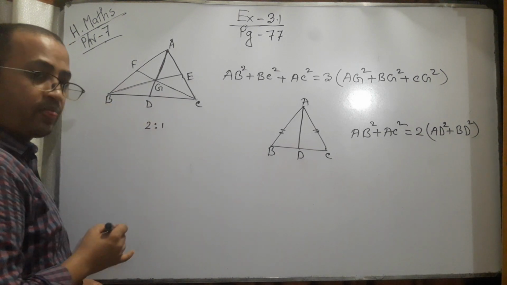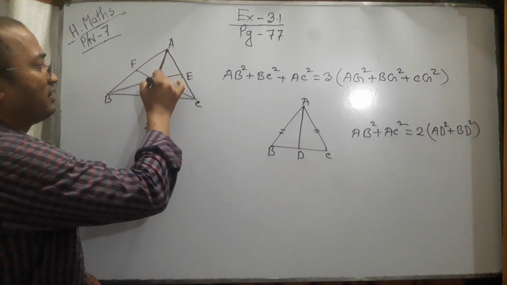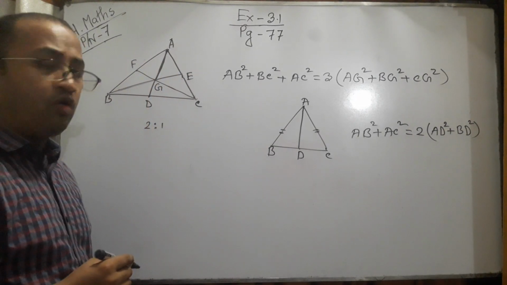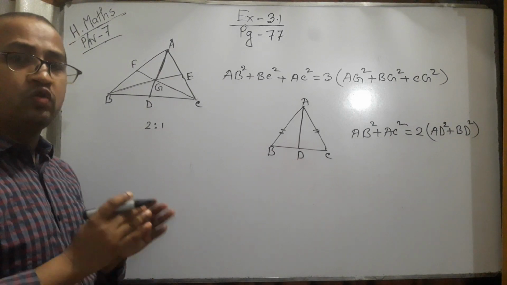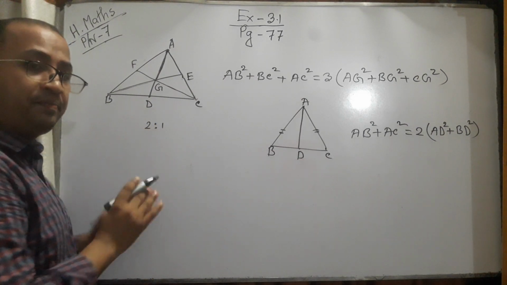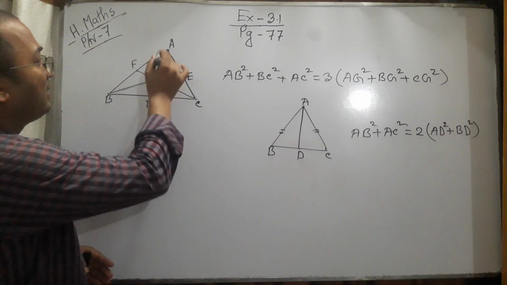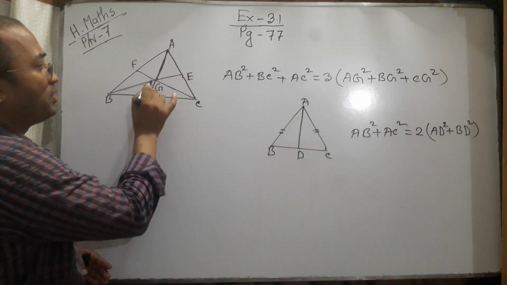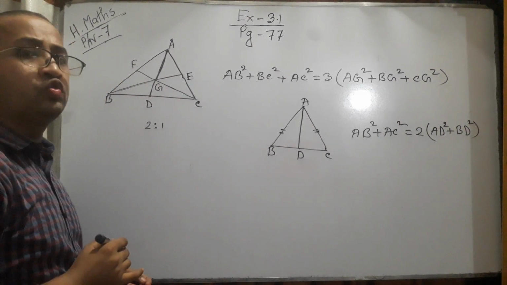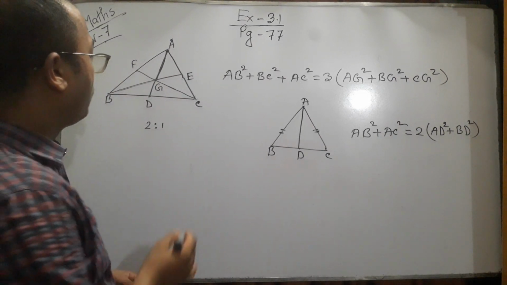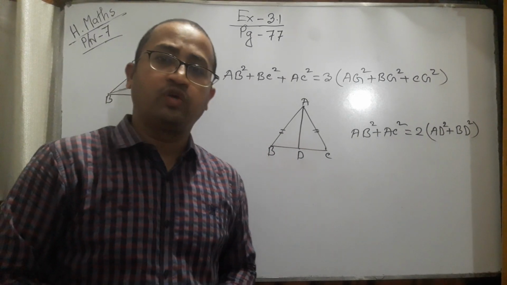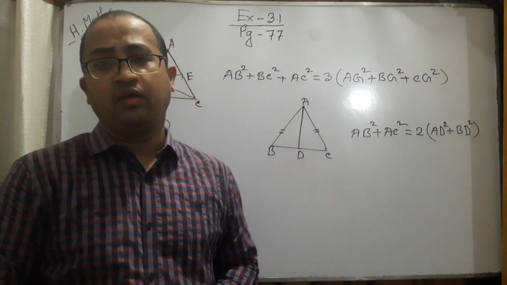That means AG is 2 part and DG is 1 part of this median. If we consider AD is 3 parts, so 2 part will be AG and 1 part will be DG. You should know this and we will apply this in this theorem. So student, let's start how I prove this.